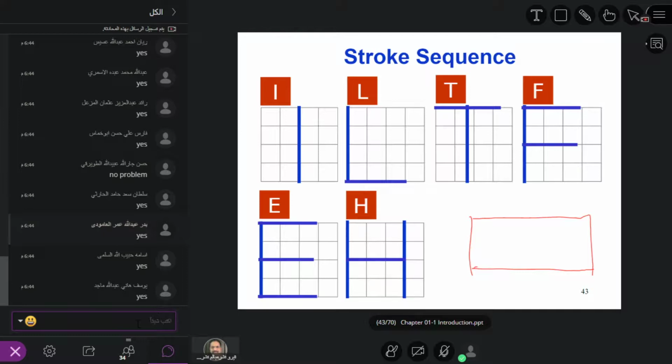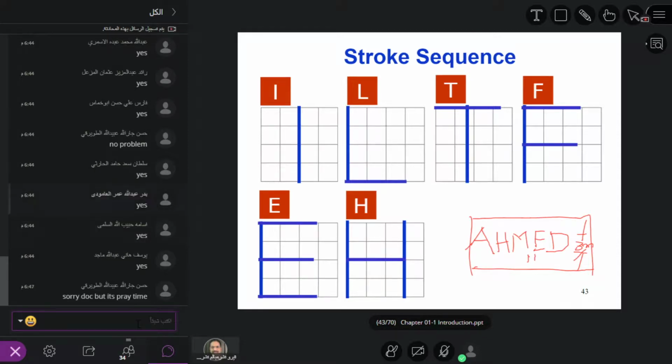Suppose your name is Ahmed, you should write very clearly, Ahmed, provided that the height must be 3 mm, like I said, for the ANSI standard, and there should be a gap, and it should be very legible.